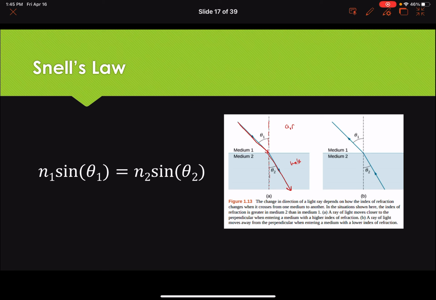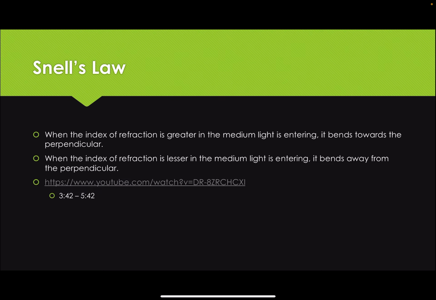Our light's going to bend towards the normal, and if you really wanted to, you could use some math here, maybe even plot it as you change the angle. You could plot that, but you should know these facts in general. When the index of refraction is greater in the medium the light is entering, it's going to bend towards the perpendicular. And when the index of refraction is lesser in the medium the light is entering, it's going to bend away from the perpendicular.